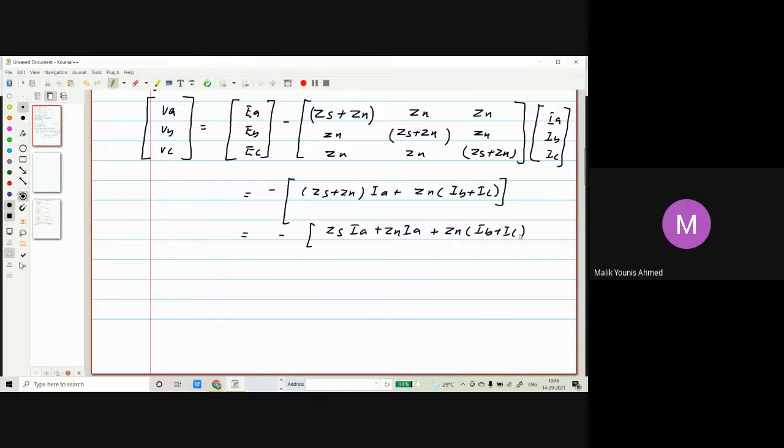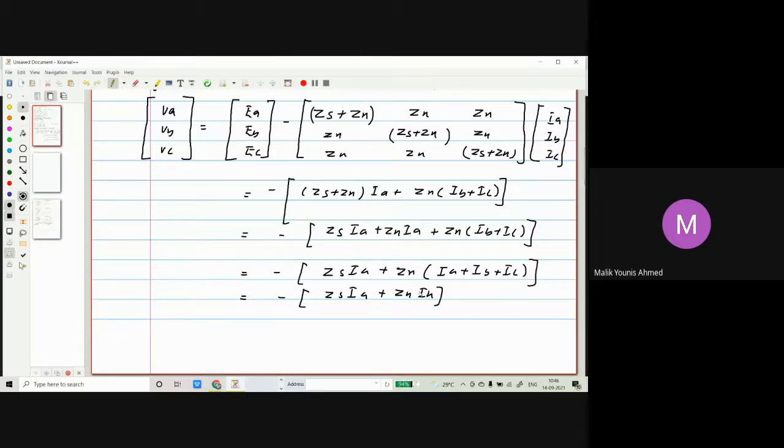So what I am going to do here is take Zn minus ZS times IA, then we can write Zn times IA plus IB plus IC, and we know that this is equal to Zn minus ZS times IA plus Zn IN.